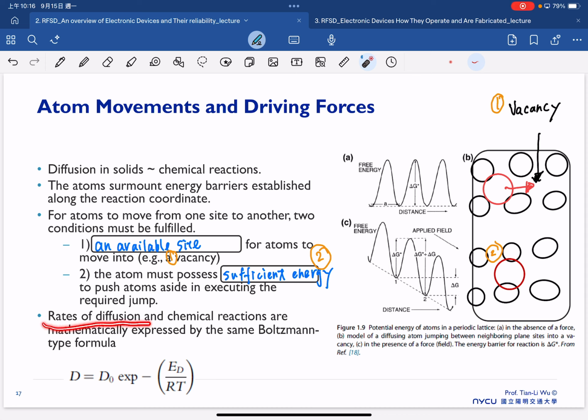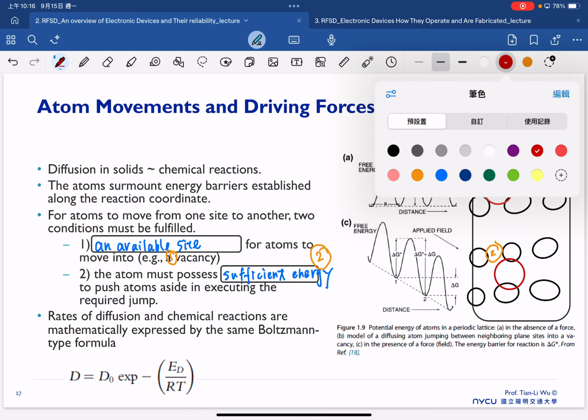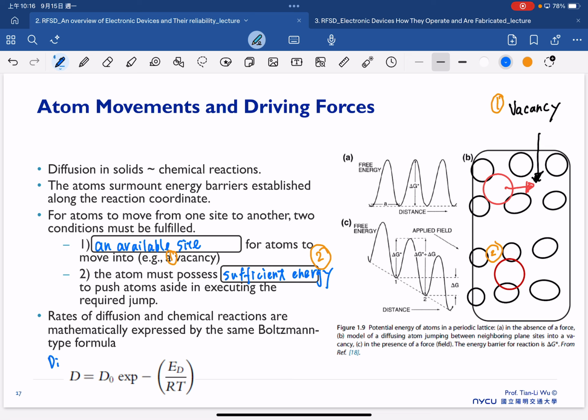So the rate of diffusion and chemical reaction are mathematically expressed by the same Boltzmann type of formula, as shown in here, and the D here is diffusion. Anyhow, I think the conclusion here is not a surprise for us.